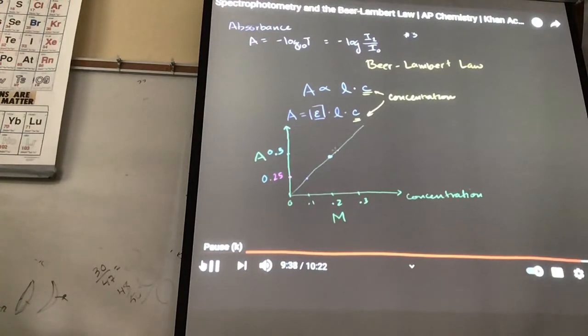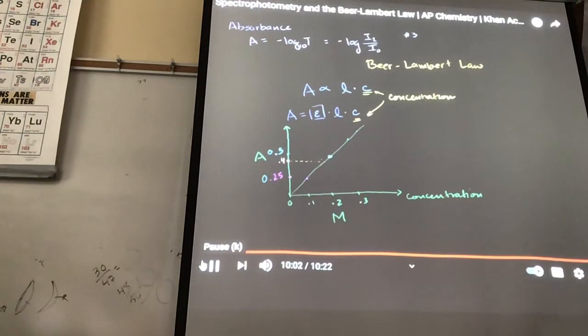The reason that's useful is you could use a little bit of algebra to figure out the equation of the line, or you could just look at it graphically. I had two known concentrations and I was able to figure out the absorbance. You can then go the other way around. You could measure the absorbance for some unknown concentration. Let's say it's 0.4.